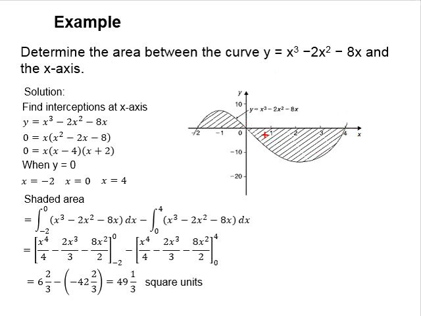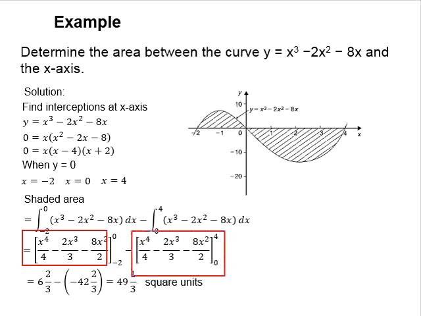You know that the integration of the curve below the x-axis will result in a negative value. You will need to neutralize the negative value by putting a minus in front of it. This gives you the integration of the function from -2 to 0 minus the integration of the function from 0 to 4.